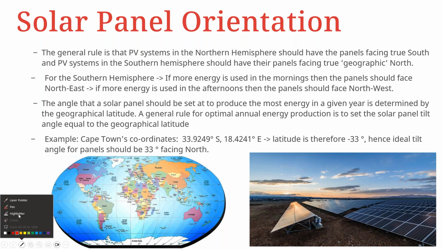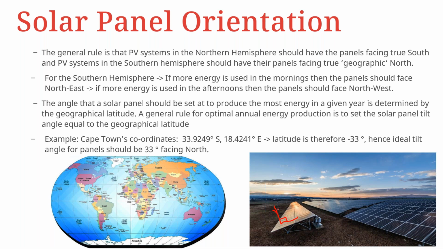So basically speaking, it is the tilt angle that we've been discussing. What it basically means is that the best way the panels can get the best irradiation from the sun is to ensure that the sun rays are incident on the panels at a perpendicular angle.